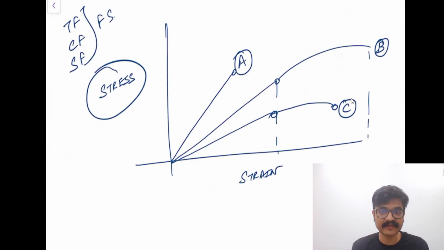If I talk of resilience, resilience is the energy stored in the material till the proportional limit. So you can see here that the flatter the curve, the lesser is the modulus of elasticity, and the greater is the resilience. Another very important takeaway, and a very important all India question, is that if you have less modulus of elasticity, the curve will be flatter and the elastic range will be more, isn't it, guys?